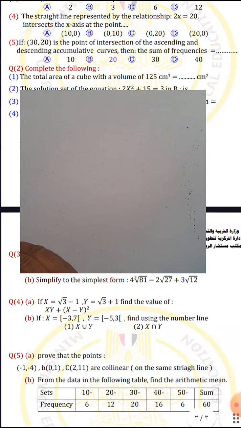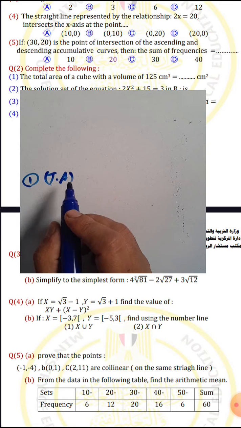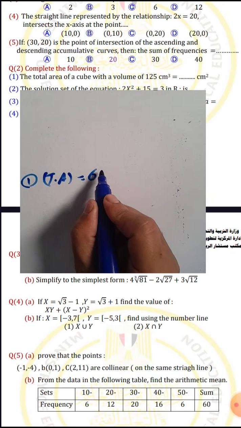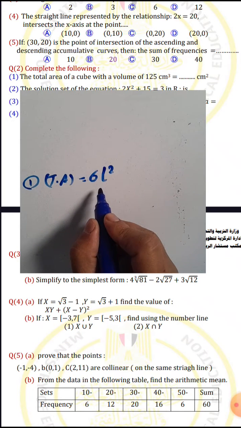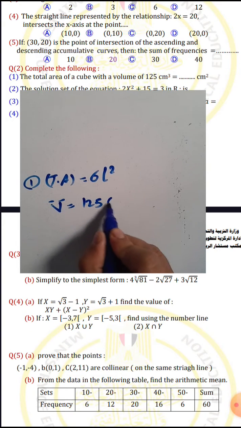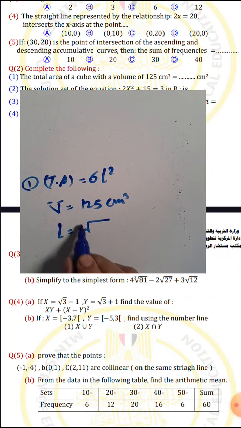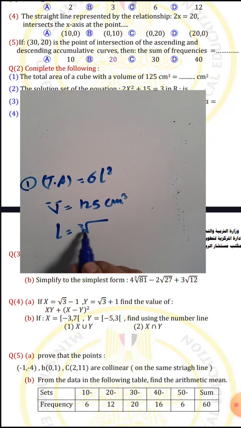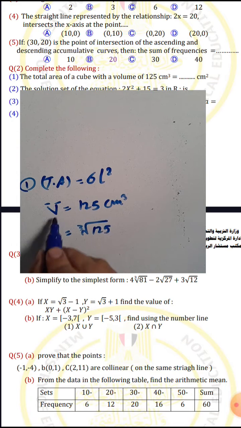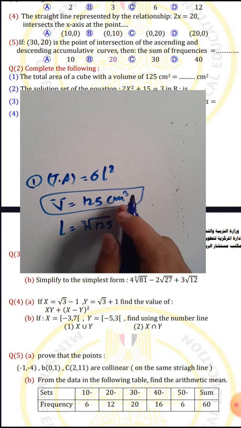Question number 2, complete. Number 1, the total area of the cube will be 6L power 2. They give us the volume, 125 cubic centimeters. Then the length will be the cubic root of 125. Again, the volume equals 125 cubic centimeters.